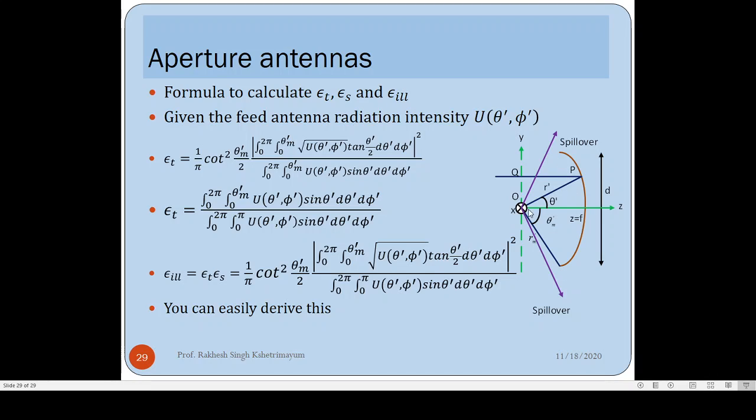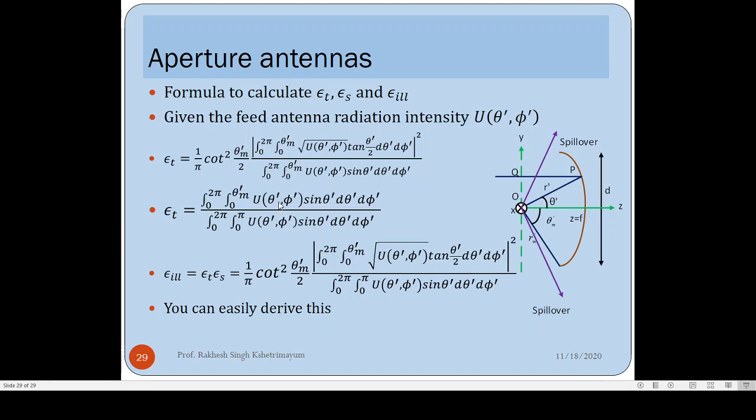Depending on what kind of feed antenna you use here, rays may go in this direction, or may be confined in this region, and that is understood from the radiation intensity. Once you know the radiation intensity, you can find out how much signal has gone out of the rim and how much has been confined within the rim of the parabolic reflector. That ratio is given by the spillover efficiency.